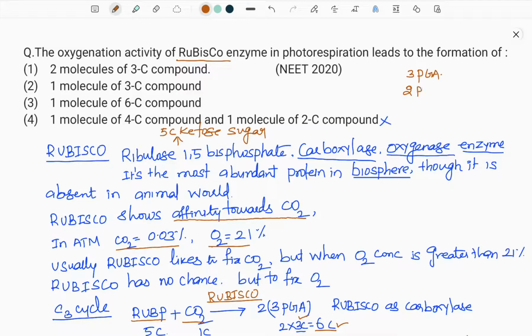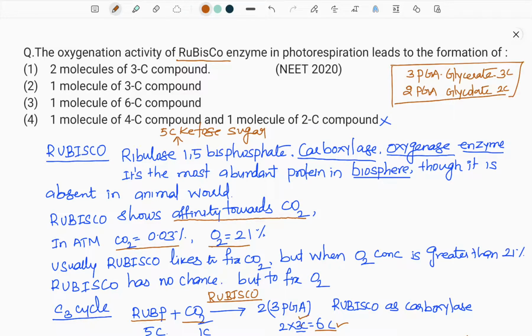Another is phosphoglycolate, this is glycolate. So glycolate is a 2-carbon organic acid. Glycerate is a 3-carbon organic acid. Okay. So these are the products of photorespiration that are formed, right?